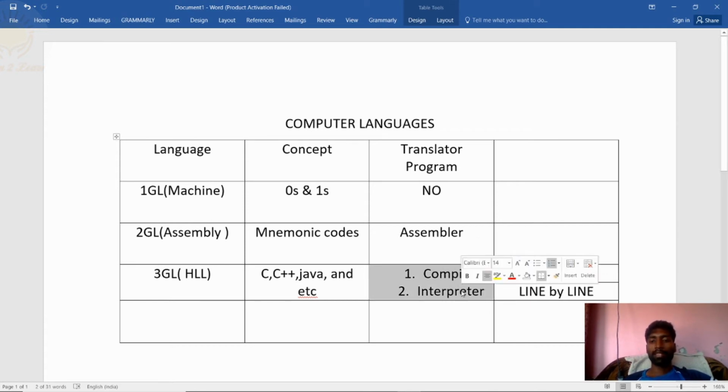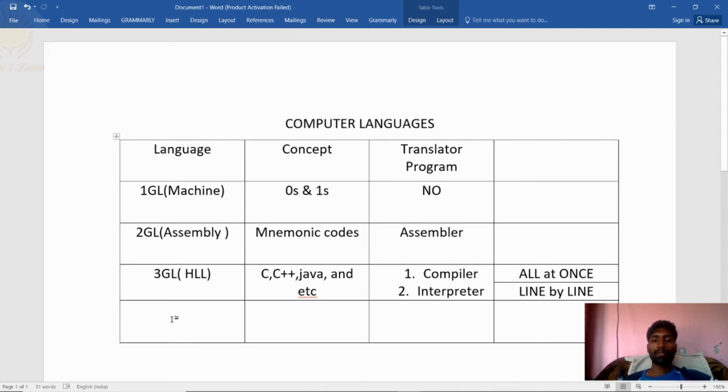But in the interpreter, if there is a mistake in the first line itself, the interpreter will not go to the second line. When you correct the first line, when you resolve the error of the first line, only then will the interpreter, this translator program, go to the second line, translating line by line.